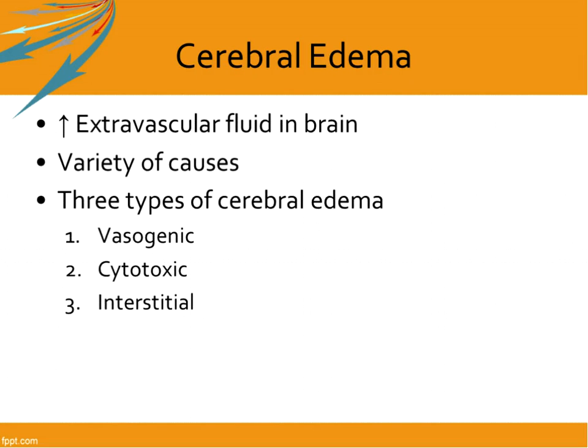But regardless of what the reason is, okay, the cerebral edema results in an increase in tissue volume, and when we have that increase in tissue volume, remember that skull is a closed cavity, so we're going to see an increase in intracranial pressure. The degree and the severity of the original insult are factors that impact the response in how much cerebral edema we have. Okay, there's 3 types of cerebral edema. They're listed there, and we're going to talk about each one on the following slides.